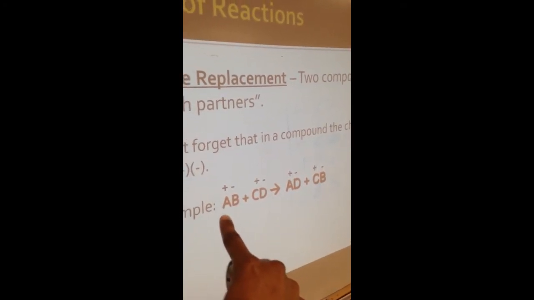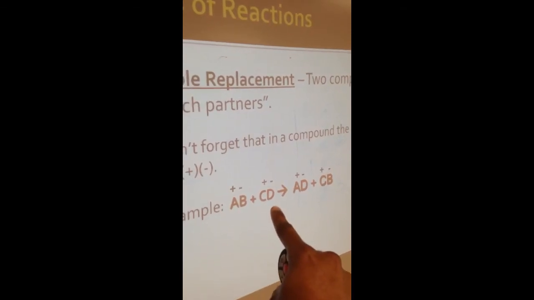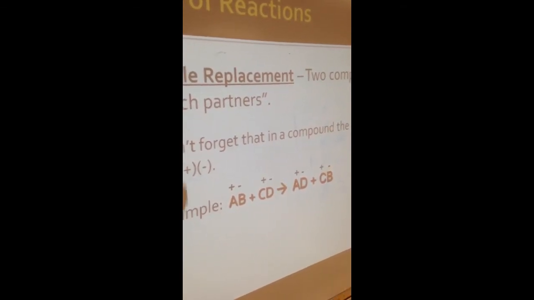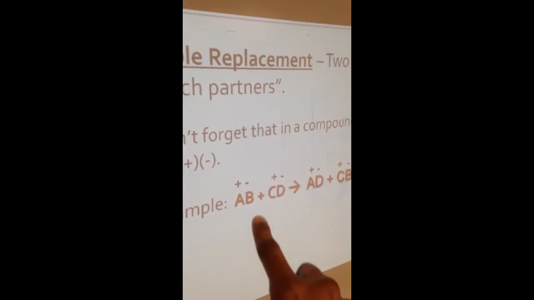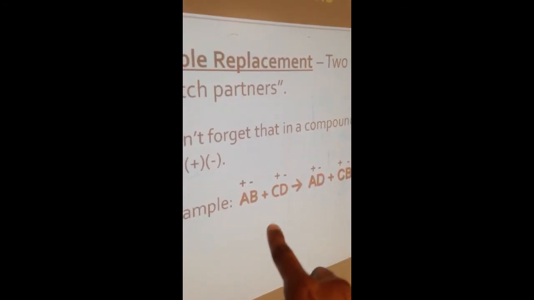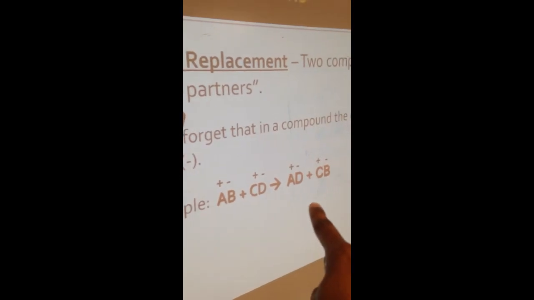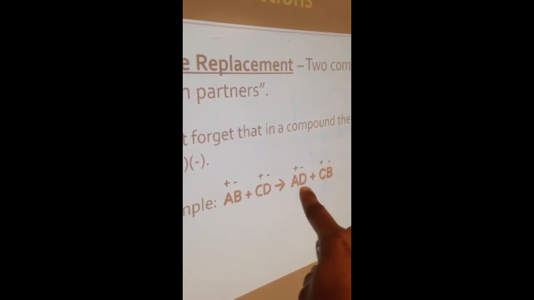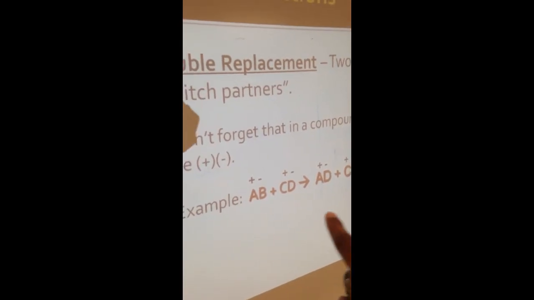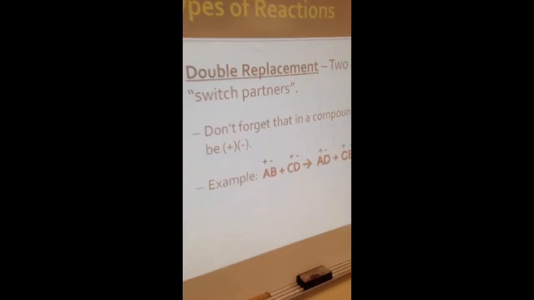You see A positive matches up with the D negative, but it's just going to be switch partners. The C positive is going to be with the B negative, and that's why C is with B over here. Still have to have that positive-negative relationship. The positive still has to come first, but you're pretty much just switching partners there for the double replacement.